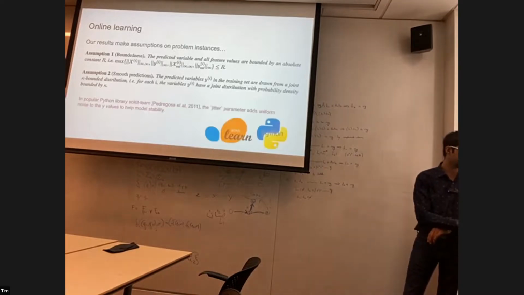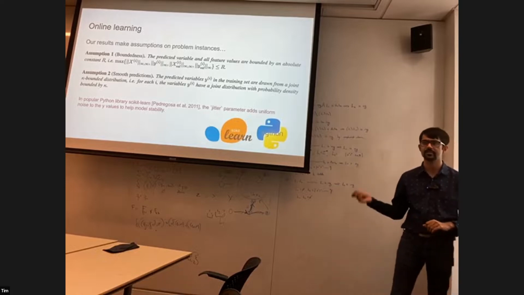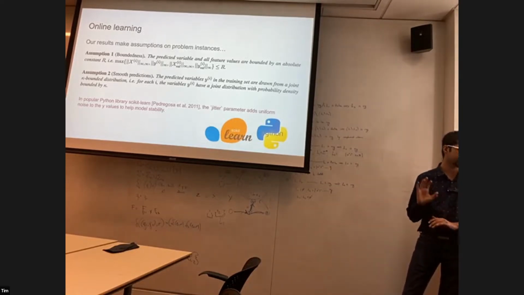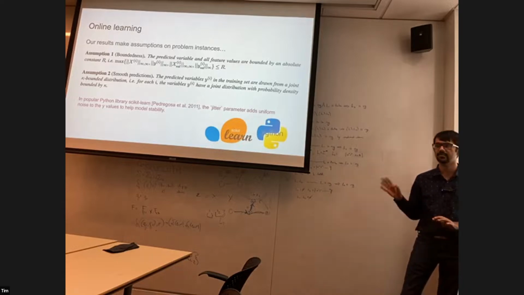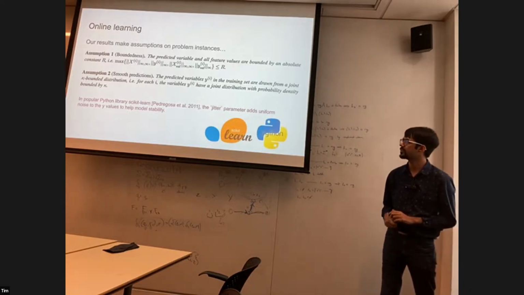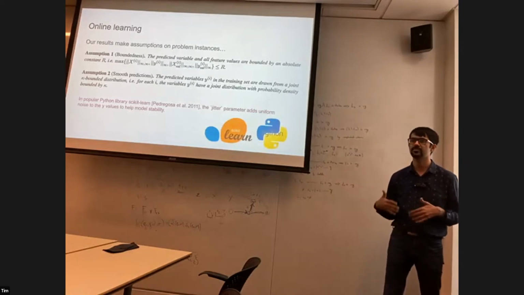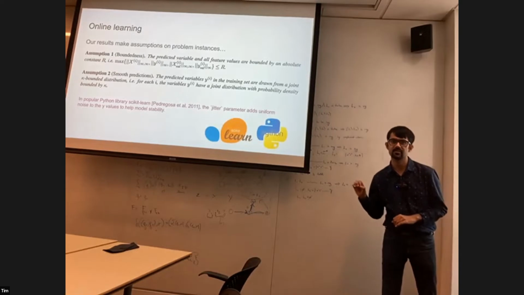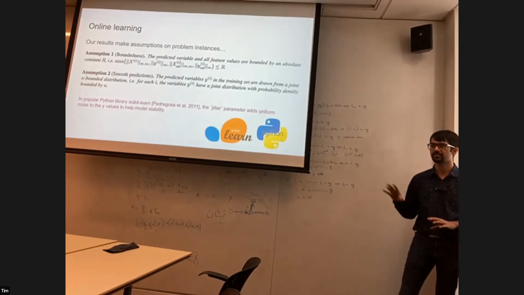This is justified by what people actually do in practice. In the popular Python library scikit-learn, which implements these elastic nets, there is a jitter parameter which adds uniform noise. The motivation is that this helps generate more stable models. For example, if you're doing feature selection and it depended very strictly on the values of y, you might get different features being important if you just keep a fixed value of y.